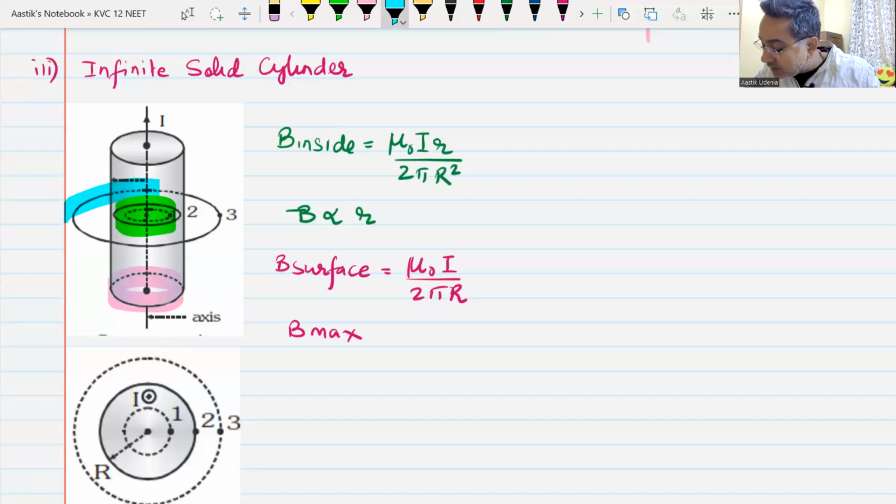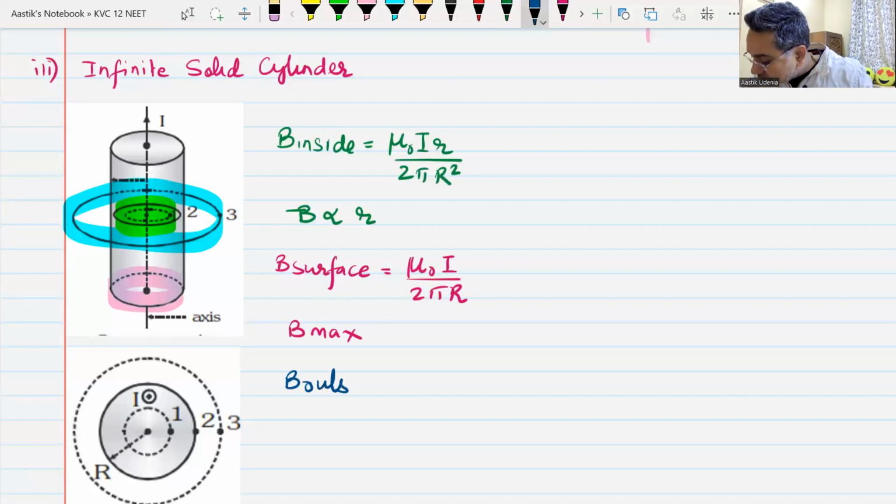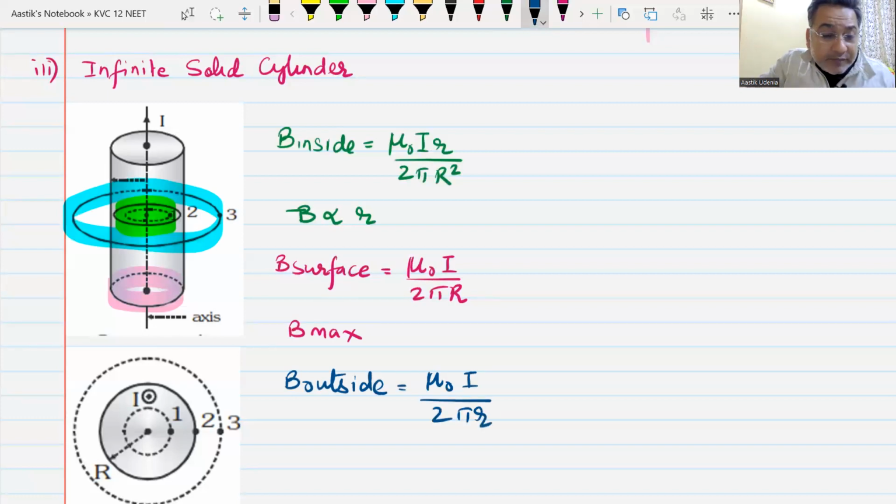If I go outside, the blue one, the magnetic field outside, the formula is same as that we had done in the previous case, my dear friends.